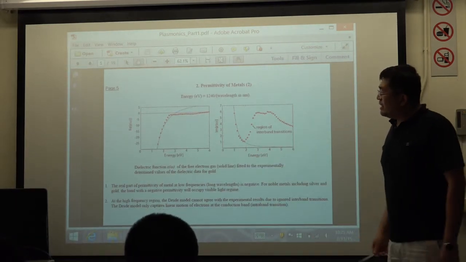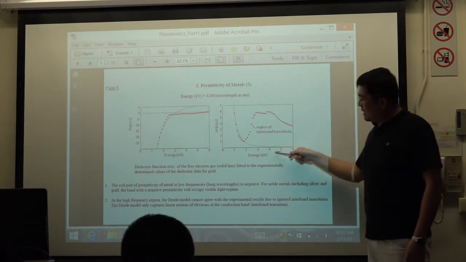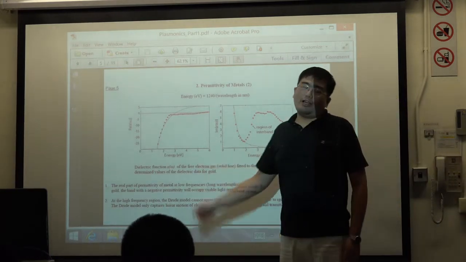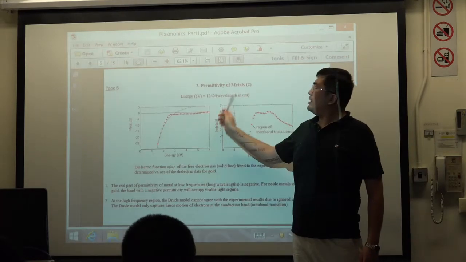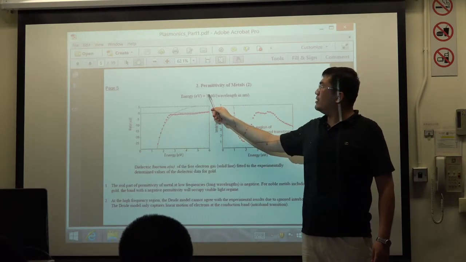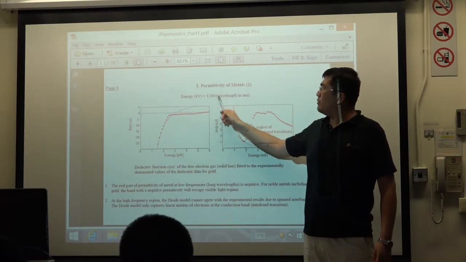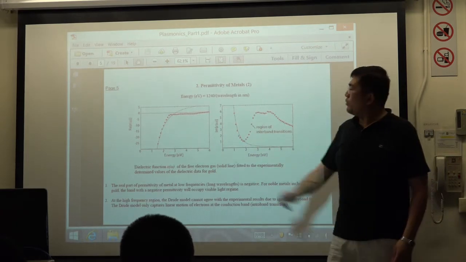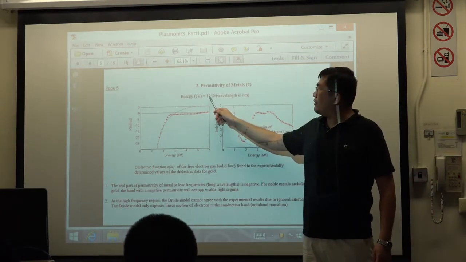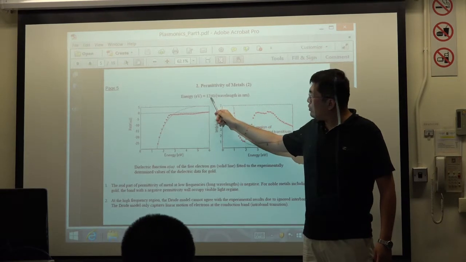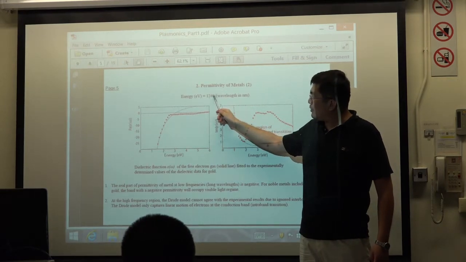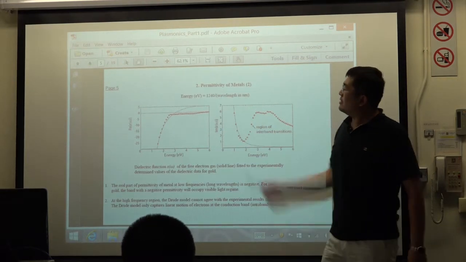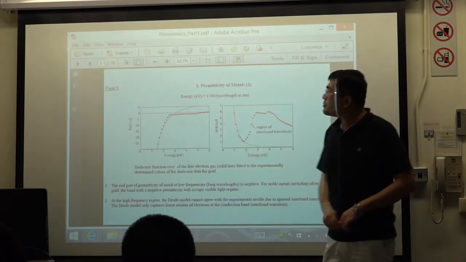First, people draw electron volts in the optical regime. The equation is: 1 eV equals 1,240 over the wavelength in nanometers. This is a conversion relation.